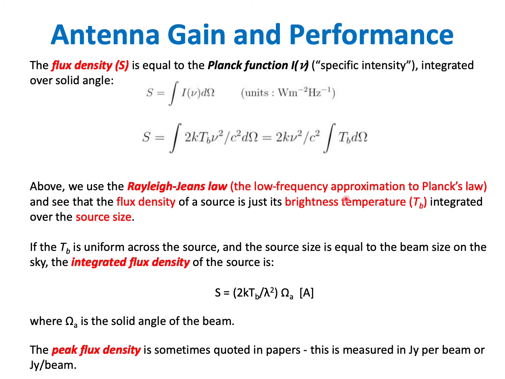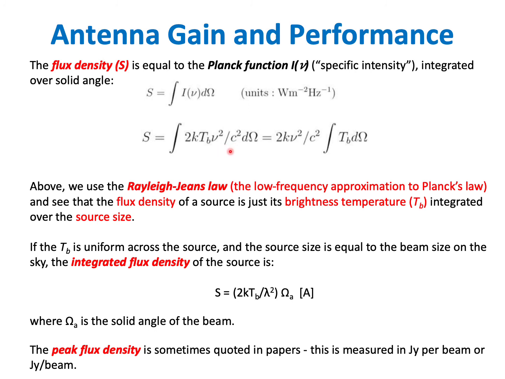So there's a low frequency approximation to Planck's law called the Rayleigh-Jeans law. As long as the frequency we're at is in the Rayleigh-Jeans regime, we can use the Rayleigh-Jeans law to replace the Planck function with this function right here: 2k, Boltzmann's constant, T sub b, nu squared over c squared.